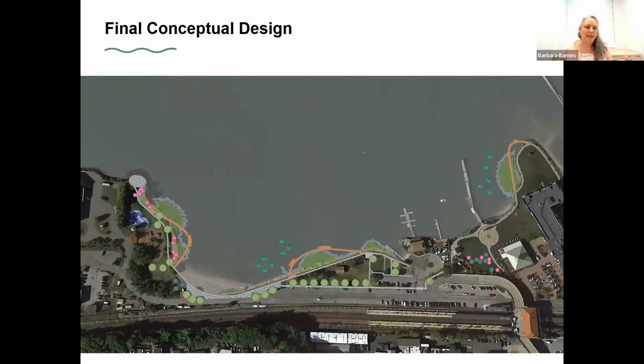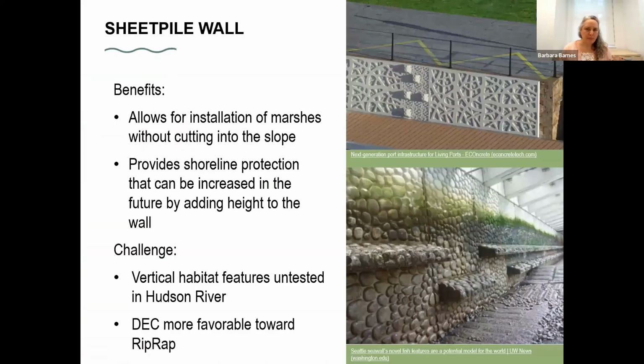So what we looked at, and you can go to the first slide, was one of the primary considerations. We looked at sheet pile wall along the shoreline in different areas. The main reason was that sheet pile is very vertical, so we could eliminate some of the riprap toe and gain a fill area to offset some of the fill that we're suggesting.